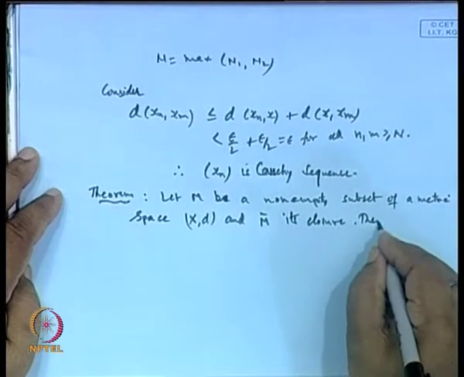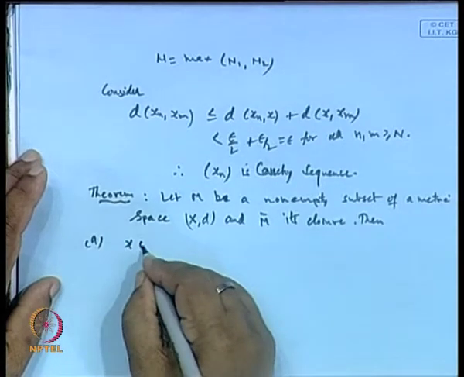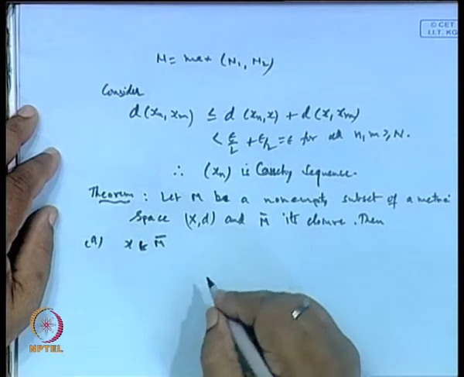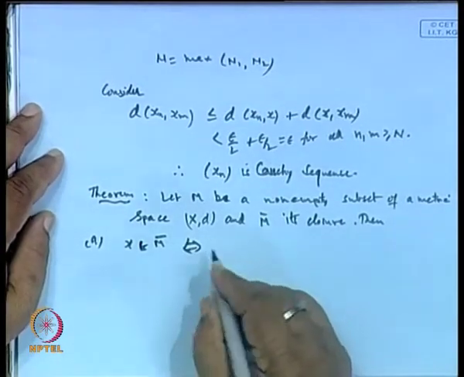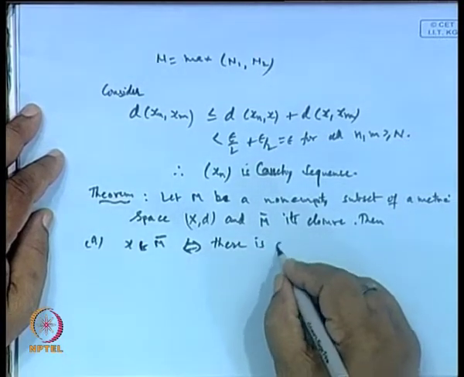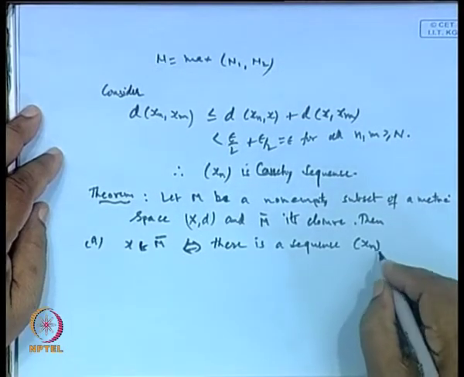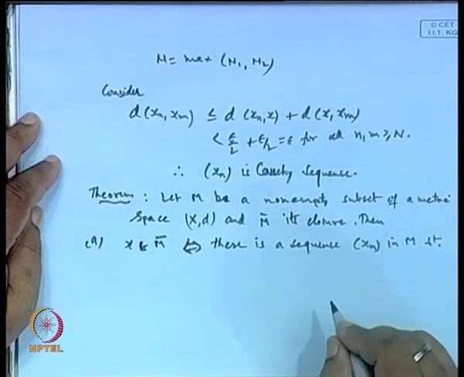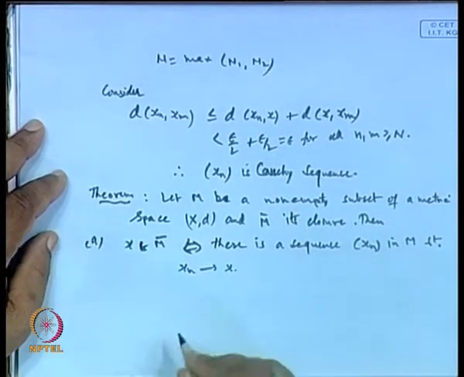Then the following results hold. Part A: x belongs to M bar if and only if there is a sequence x n in M such that x n goes to x.